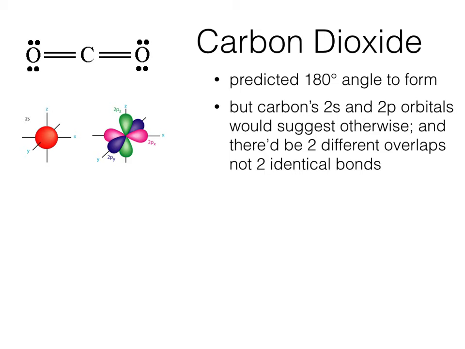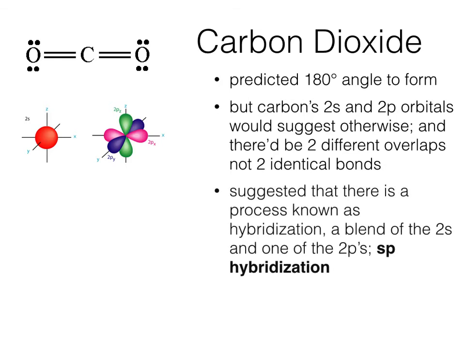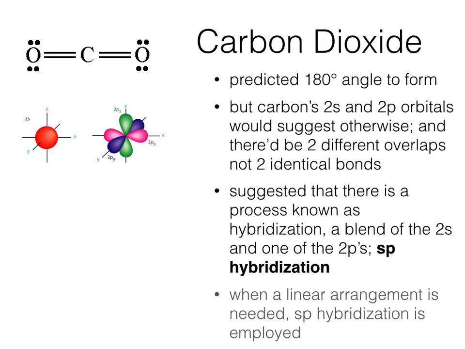So we have a third type of hybridization that takes place, and this time it's a blending of the 2s suborbital and only one of the 2p suborbitals. That gives us two equivalent sp hybridized orbitals. We call this sp hybridization. This is used anytime you need a 180-degree angle between electron domains.